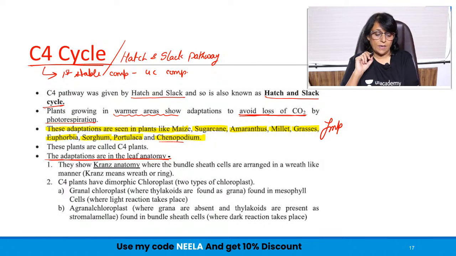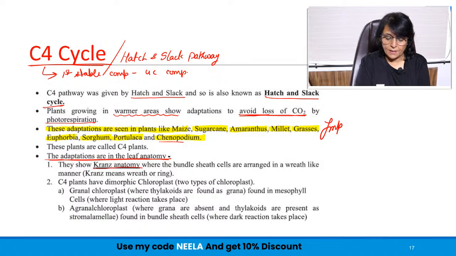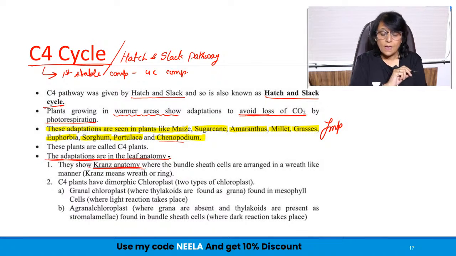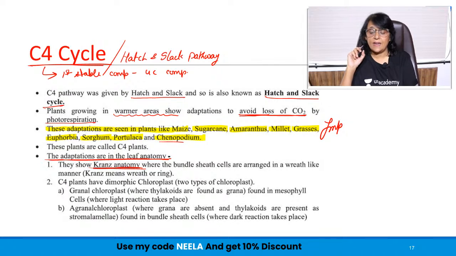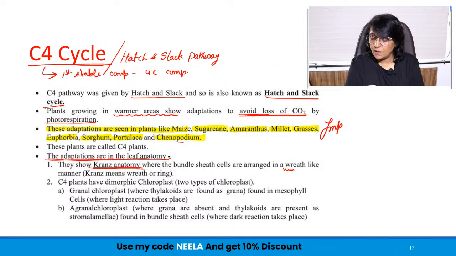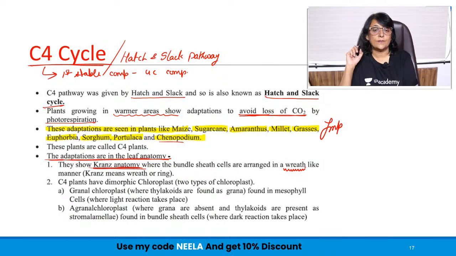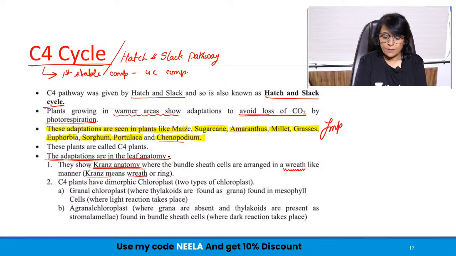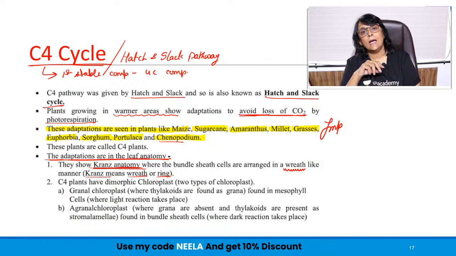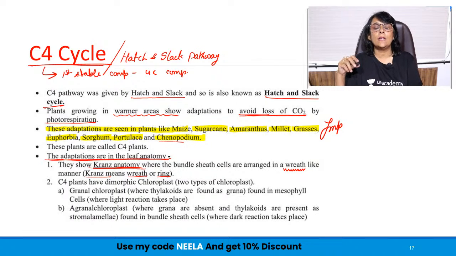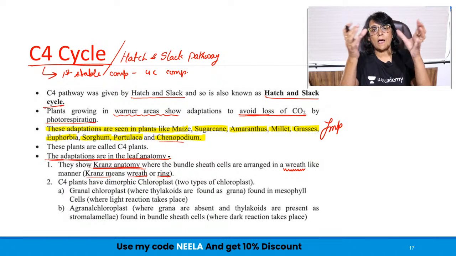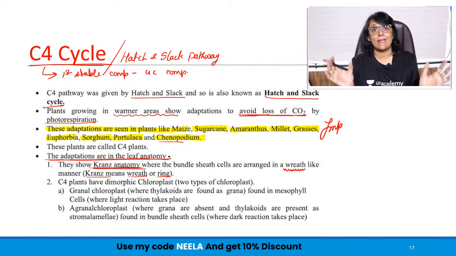There are important adaptations. One is Kranz anatomy. Bundle sheath cells are arranged in a wreath-like manner. Kranz means wreath, which means ring. I'm sure you've seen a floral arrangement where the flowers are arranged in a circular ring-like manner. That is called wreath.